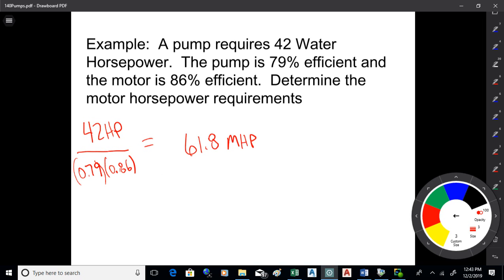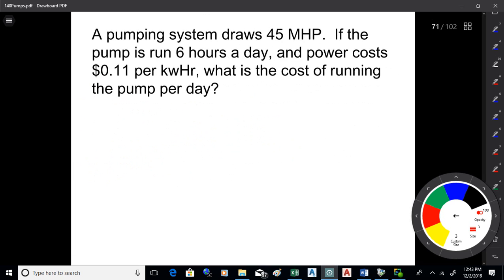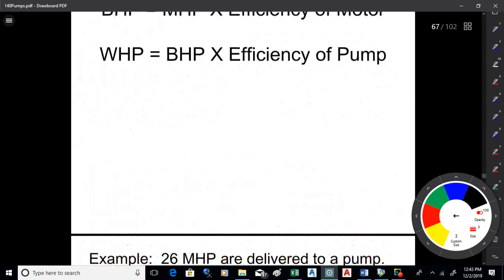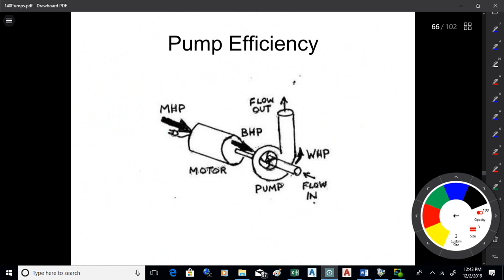I need 42 horsepower delivered to the water. So what I have to do is divide the efficiencies out to get to what is coming into the motor. I'm going to take that 42 horsepower and divide it by the efficiencies of the pump and the motor, 0.79 and 0.86.